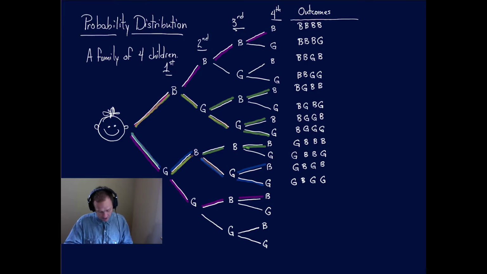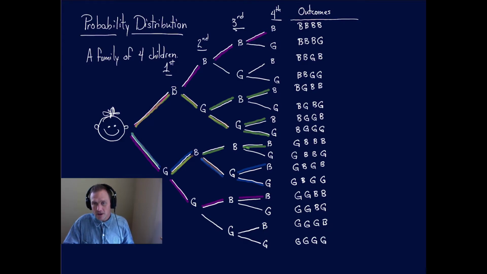For our final set, it's going to be girl, girl, boy, girl. Oops, boy, I'm sorry. And then a girl, boy, girl. And our last two are girl, girl, girl, boy, girl, girl, girl, girl.